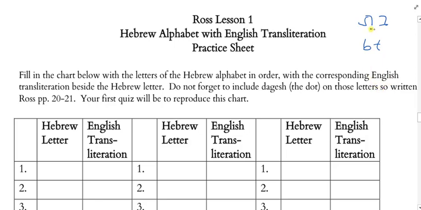Now, if I'm going to translate the word beit, I'm going to give an English meaning for it. Not an English sound form, but an English meaning. Translating means giving the sense of a word. So the translation would be the word house, okay? So this is transliterating, the first example. Second example, translation, okay?